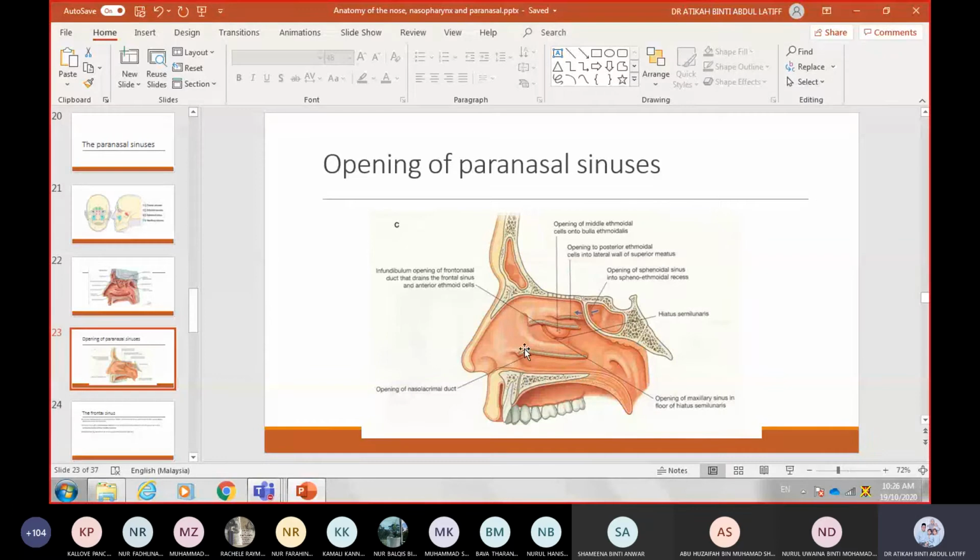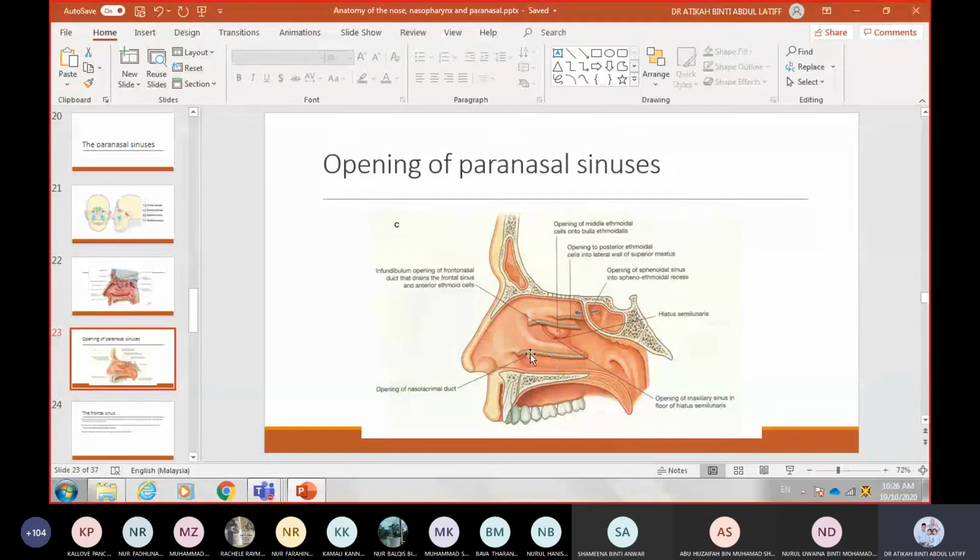For the inferior meatus, there's no opening for sinuses, but the nasolacrimal duct. You know what the nasolacrimal duct is? It's your tear duct. So the nasolacrimal duct coming from your eyes here will drain at the inferior nasal meatus.